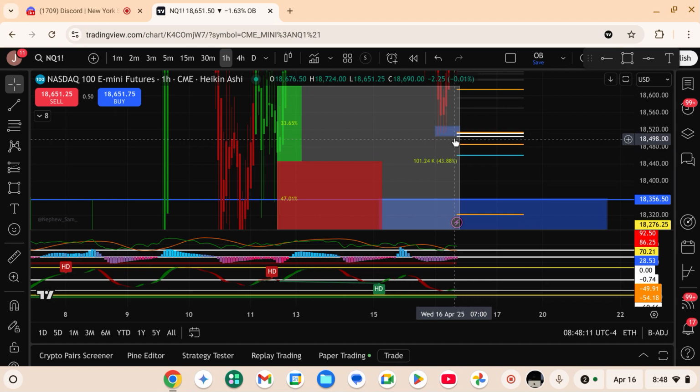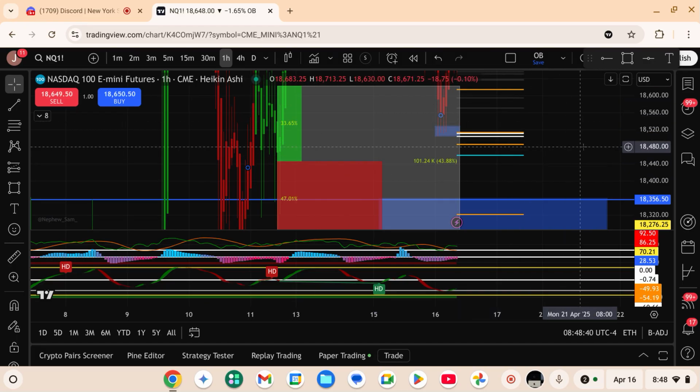So from this blue box here, the bottom of it, to this is a daily level liquidity. How many points is that? About 47 points.